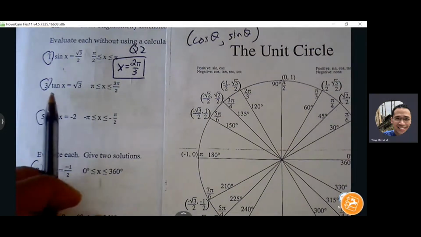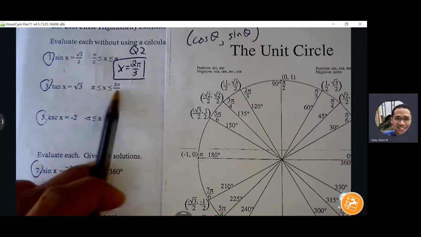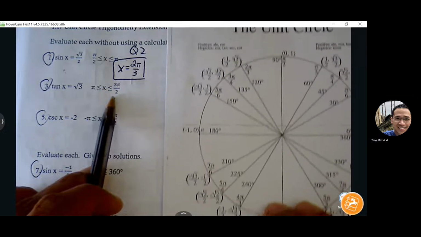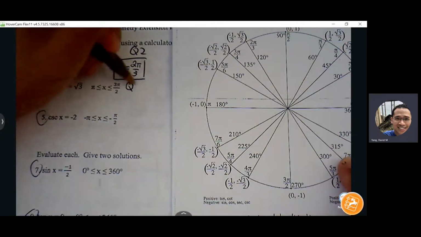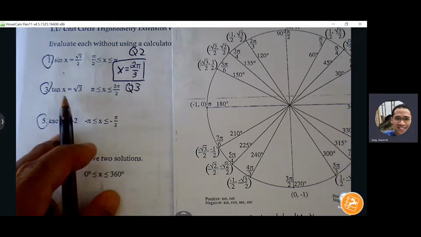Okay, number 3. Tangent of x is equal to root 3. Let's figure out first which quadrant we're in, between pi and 3 pi over 2. Third quadrant. Okay, so quadrant 3. Now, tangent we know is y over x, right?